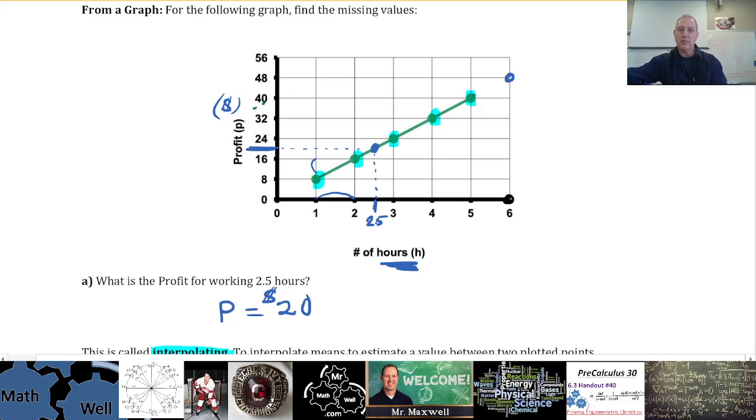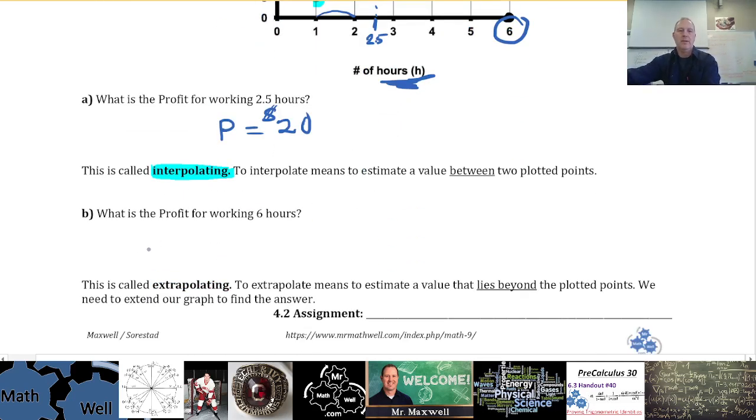So guess what? This should be 48. And when you extend the graph, you should put dotted lines like that, in either direction. So it looks like if this pattern were continued, 6 hours should give us $48. So that's what we put. Profit of $48.